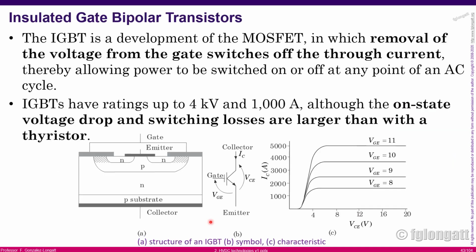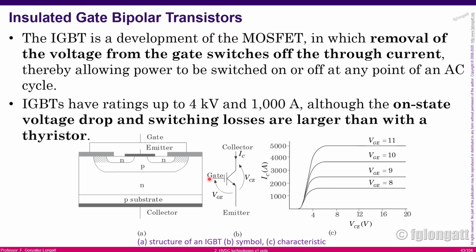Okay. The IGBT comes from a development of the MOSFET. You must remember the MOSFET from power electronics. If you remove the voltage that is applied to the gate, this device opens. What I'm telling you is, if you apply a voltage at the gate, this device will close.